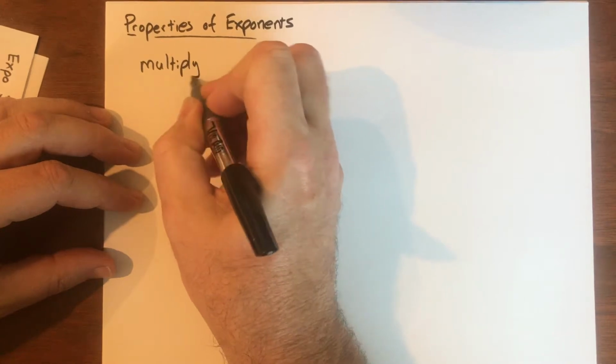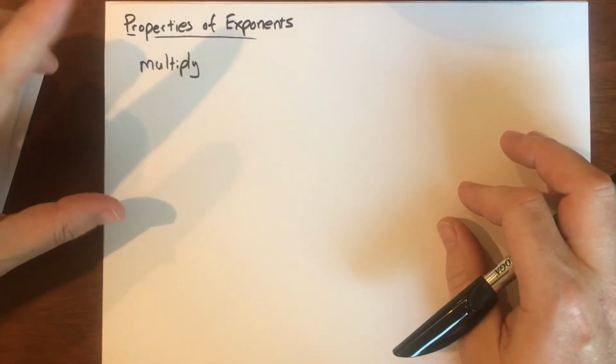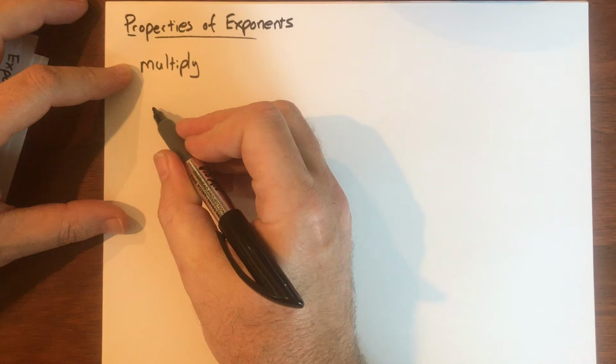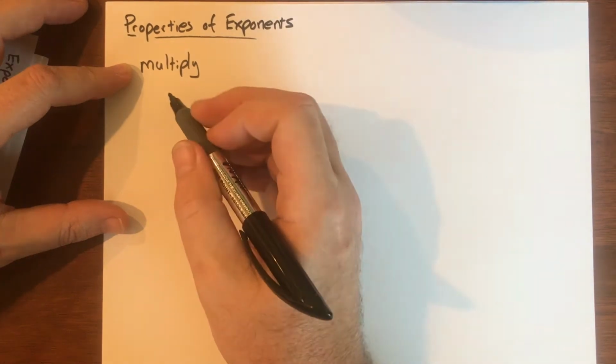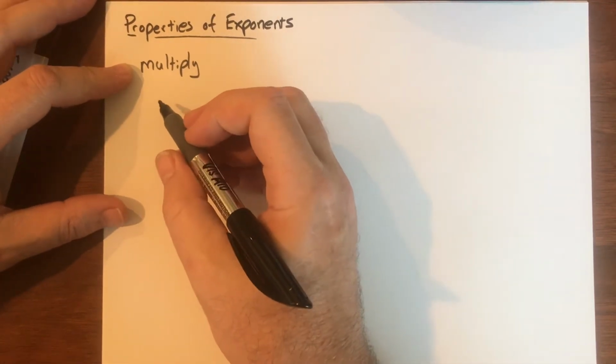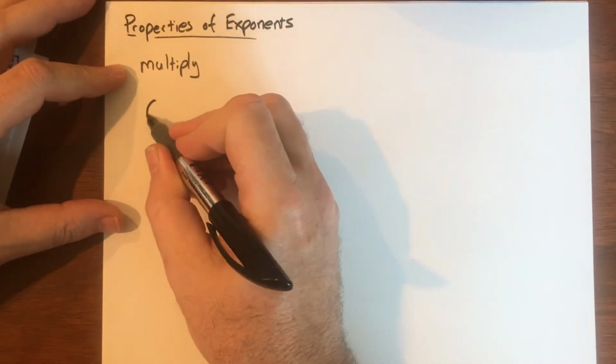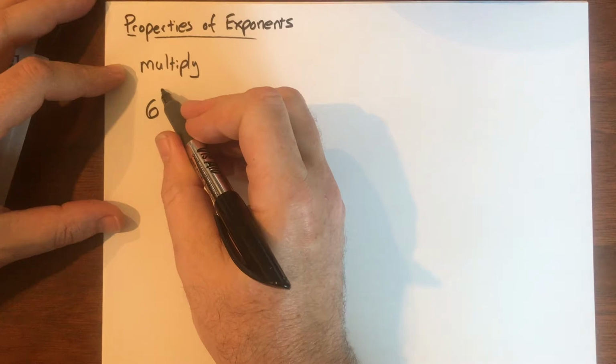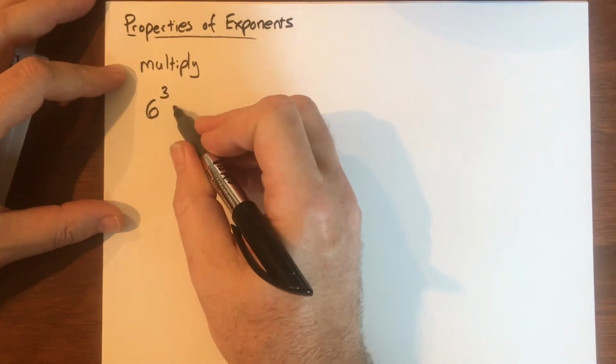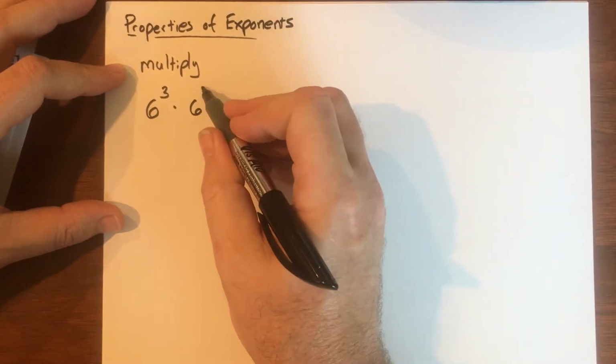Multiply. One of our favorite shortcuts in life. So the base can be a number. The base can be a variable. So let's pick 6. Great base. Let's do 6 to the power of 3 times 6 to the power of 4.